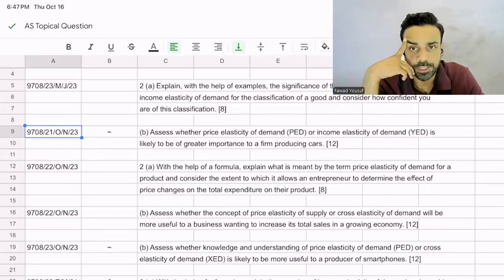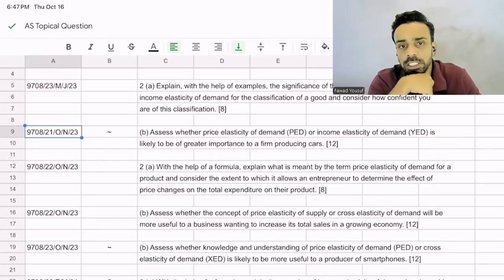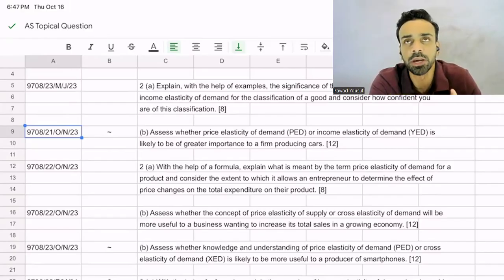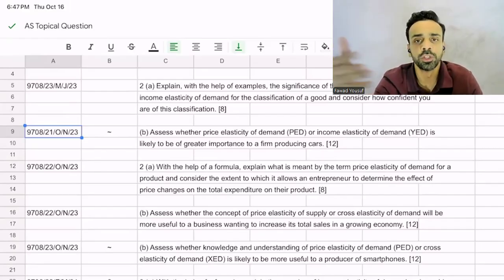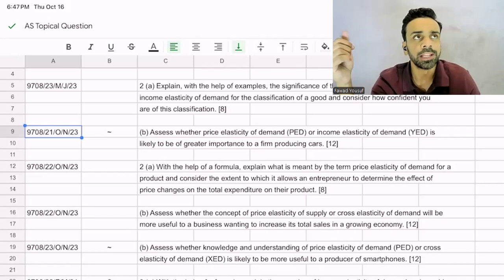They're producing cars. उनके लिए PED सबसे ज्यादा important है या income elasticity सबसे ज्यादा important है? And when we say important, obviously the importance is coming from the usefulness of it. Okay, so if something is useful, you'll say it's important. I'll work out the PED key values, and that value is going to tell me important information.